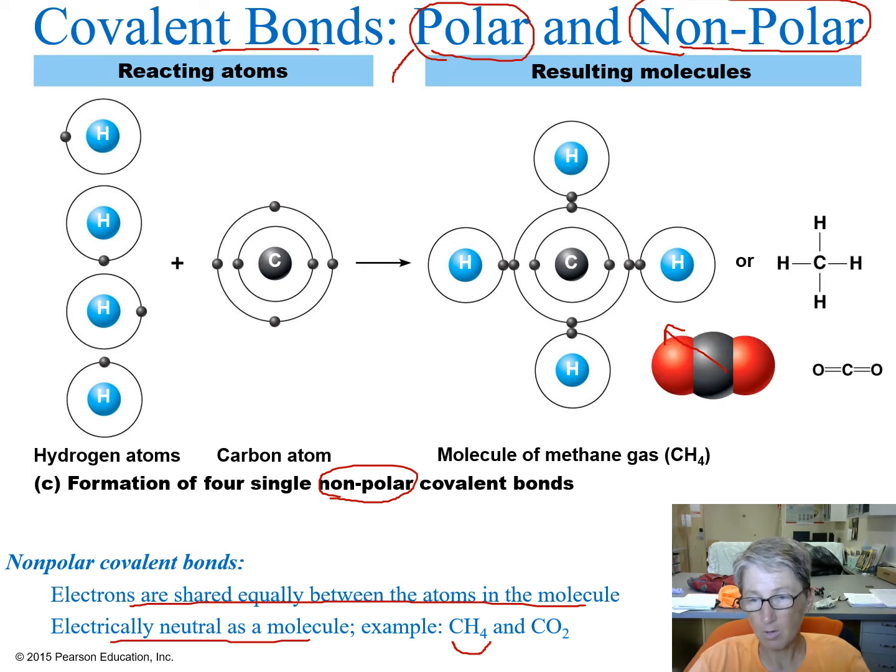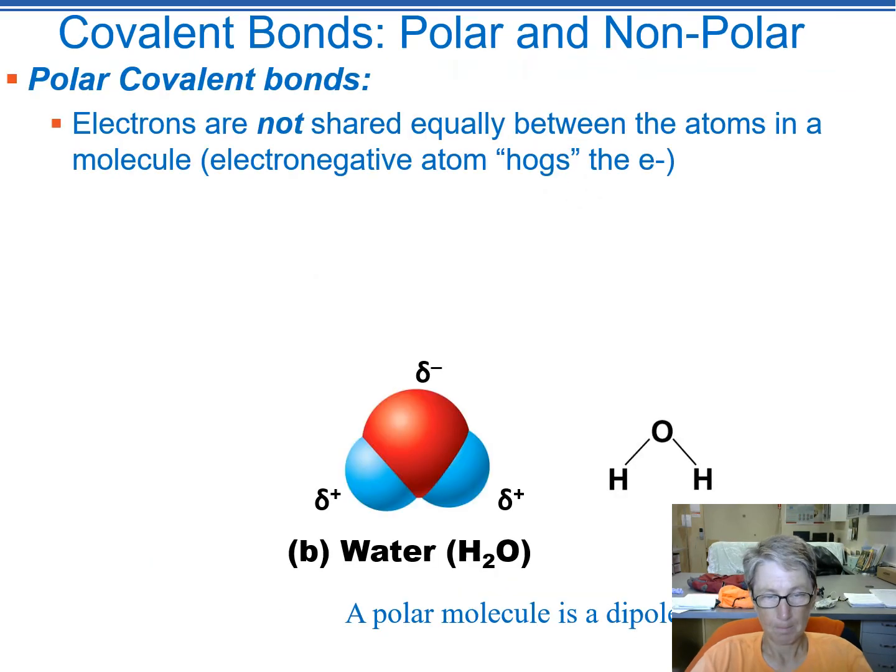Here's carbon dioxide. So here's carbon in the middle. Carbon's usually black in cartoons, and oxygen's usually red in cartoons. So this is carbon dioxide. This carbon dioxide forms a non-polar covalent bond, and it's electrically neutral. You can see there's no charge on carbon dioxide.